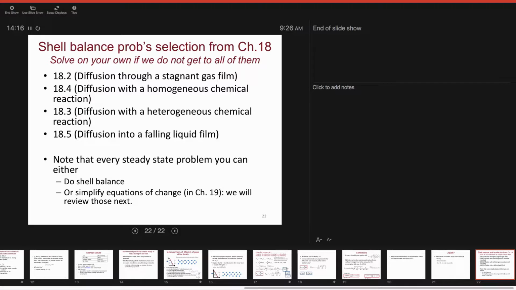And just like before, for every steady state problem, we can either do a shell balance or simplify equations of change, which we're going to review first before going to solving problems. Your equations of change are essentially a shell balance, just accounting for time. So let's go and review those formulas.